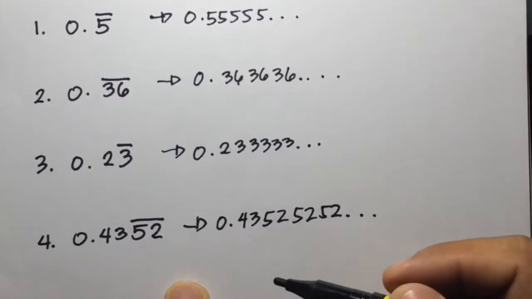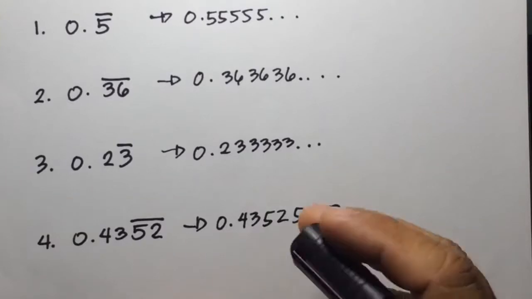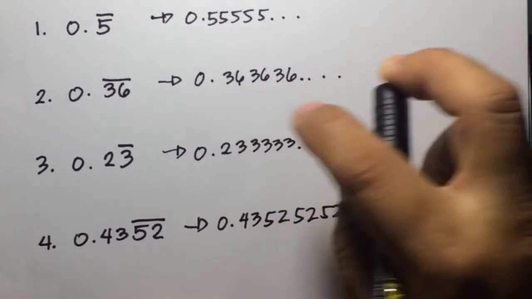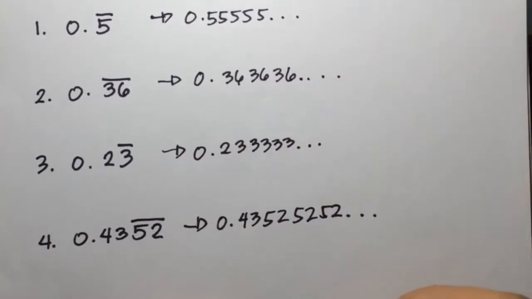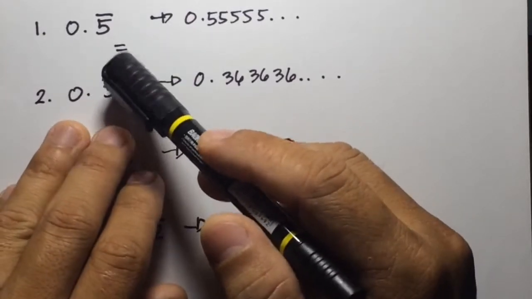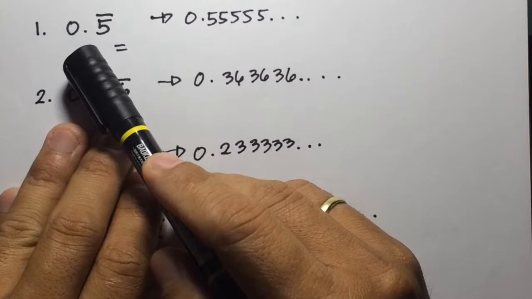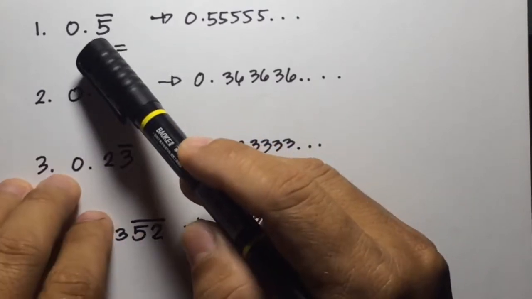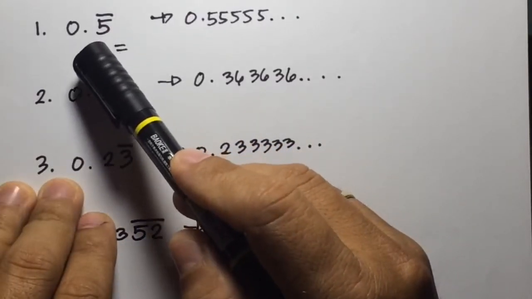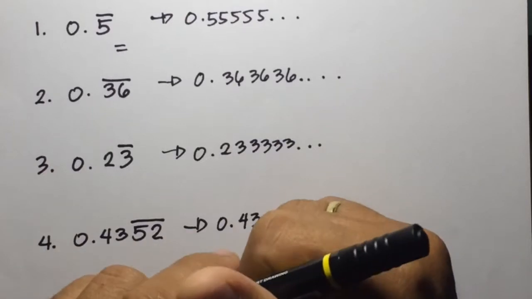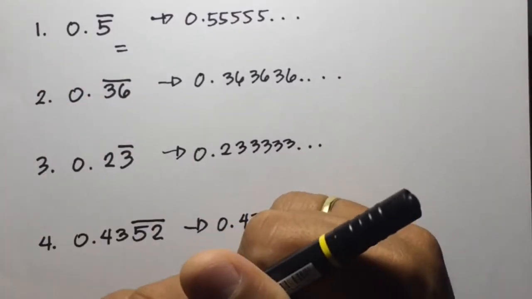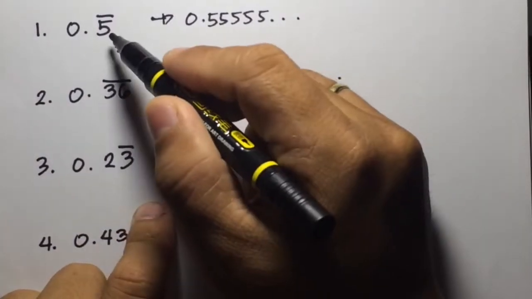Now we're going to have the shortcut method in expressing these in fraction form. The technique is to count the numbers being repeated after the decimal point. In this case, 5 is repeated indefinitely, non-ending, so there is only one number.